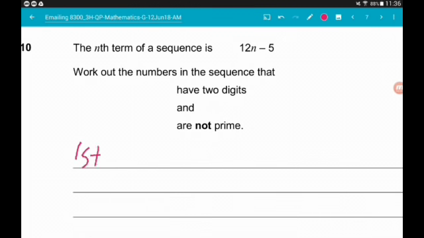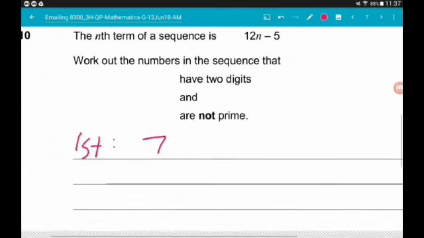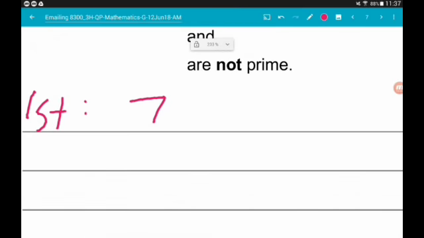So the first term is when n is equal to 1, so that's 12 minus 5, which is 7. Now that is not a 2-digit number, so we're not interested in that. Now what happens here is the sequence goes up in 12s because we got 12n. So the next term is going to be 19.